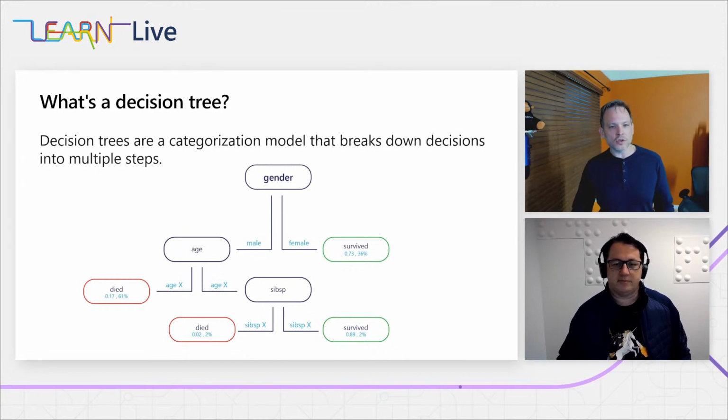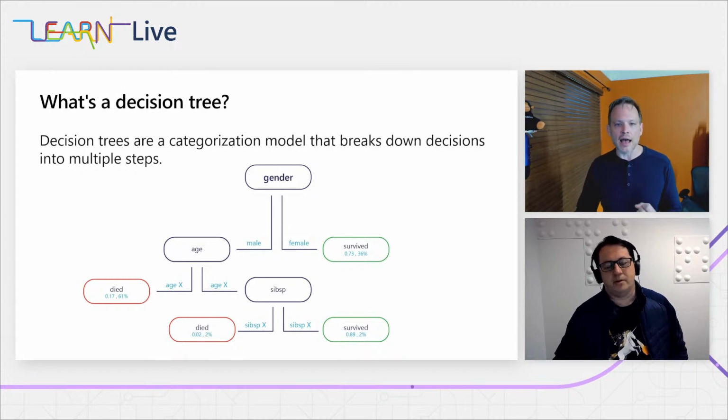So in so doing, we're going to send that data into a decision tree trainer. And the decision tree trainer is going to see that, okay, the easiest split I can do is on the gender field.